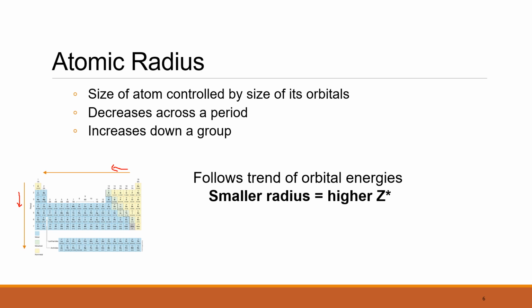They're tighter. They have a smaller radius due to that higher effective nuclear charge that they feel. And they have a higher effective nuclear charge because they generally have fewer core electrons blocking and shielding the effect they feel from that positively charged nucleus.